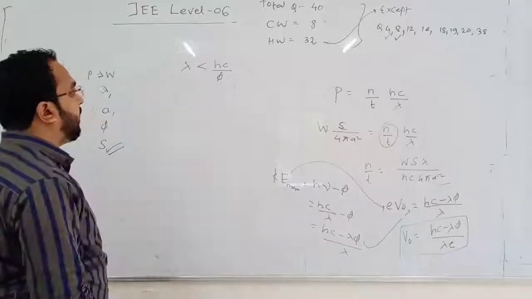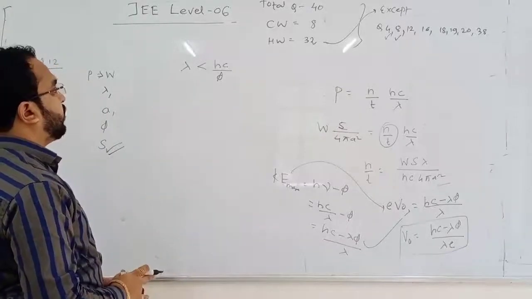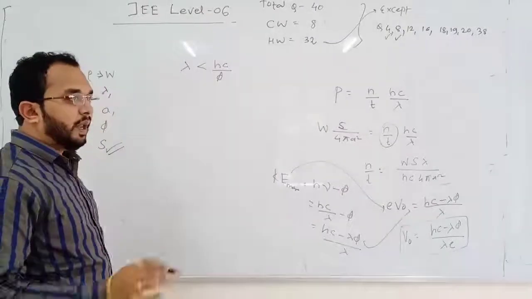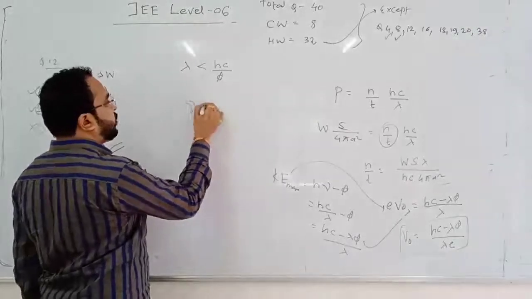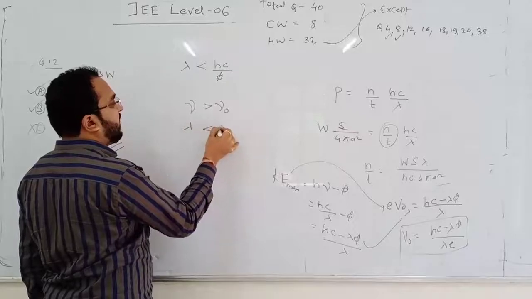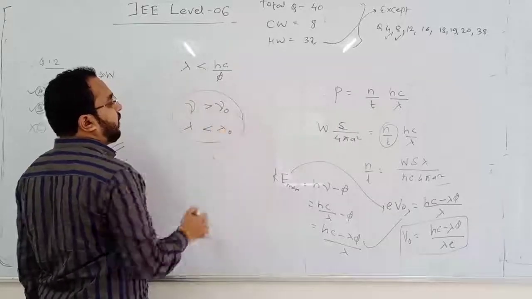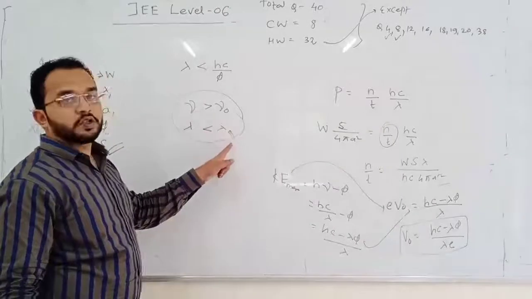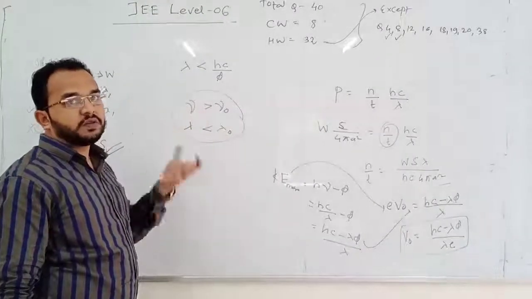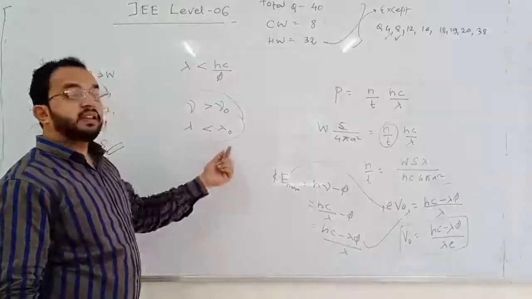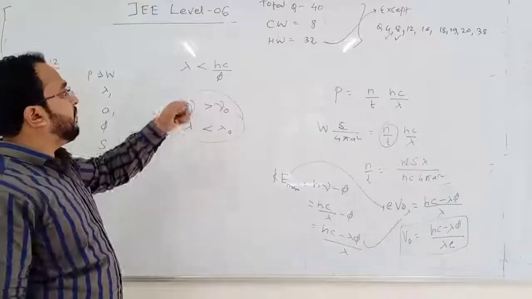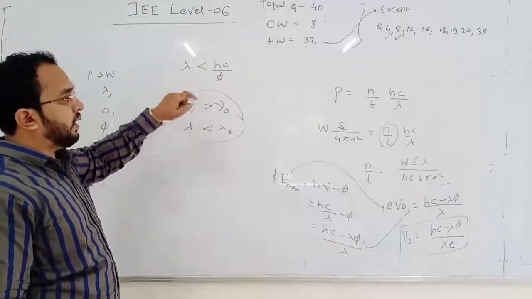What is meant by hc upon phi? We saw a condition: frequency should be greater than threshold frequency and wavelength should be less than threshold wavelength, then only photoelectrons are emitted. Wavelength should be less and frequency should be more. So this option is correct.